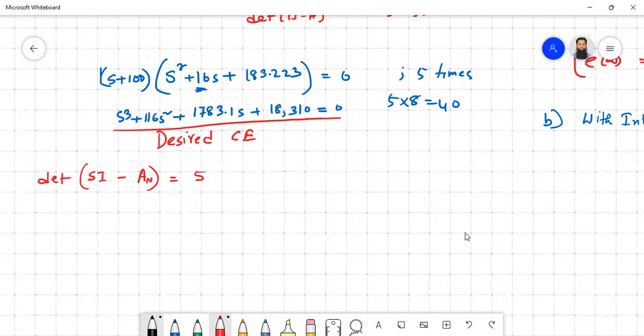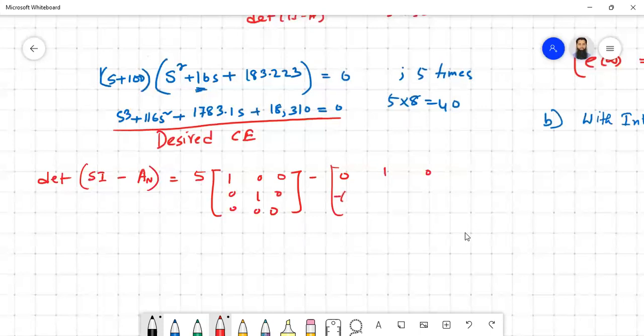Basically, s times the identity matrix 1 0 0, 0 1 0, 0 0 1, minus the matrix with rows 0 1 0, 0 0 1, and minus 3 plus K1, minus 5 plus K2, K, minus 100.